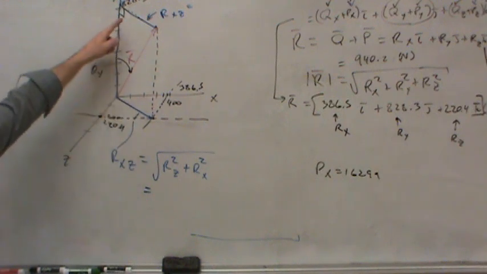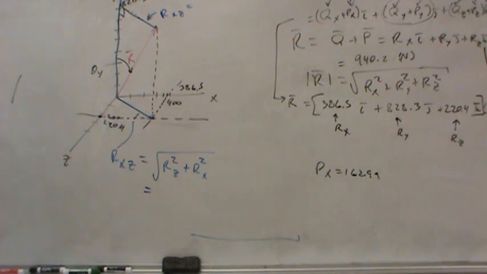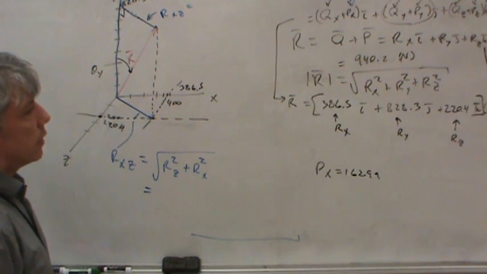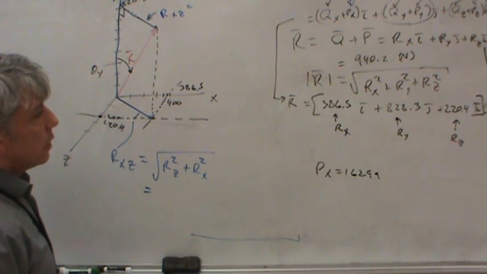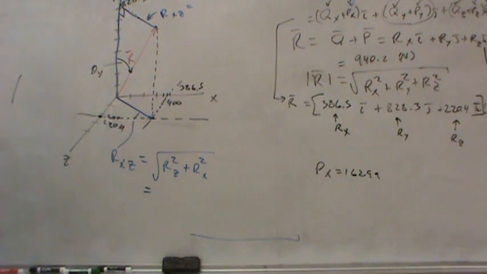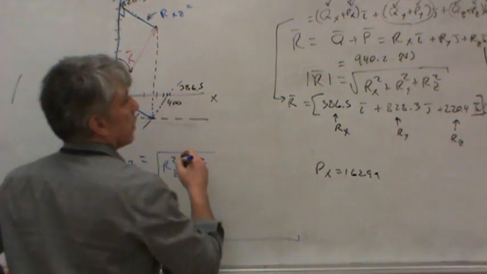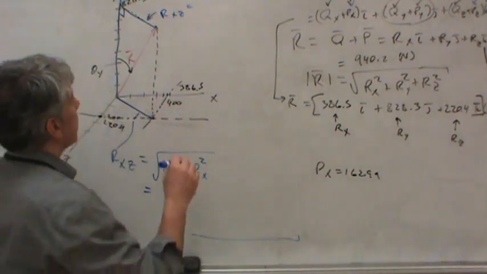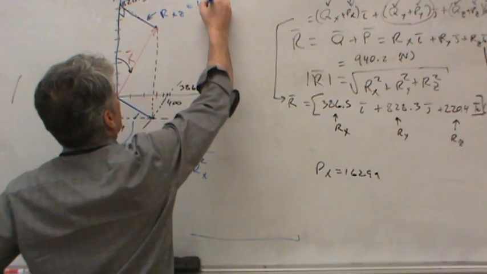RXZ is down here, it's also up there. We're just interested in length. Maybe 500 something, isn't it? 444.93. Oh, yeah, I'm not thinking right. Okay, 444.93.